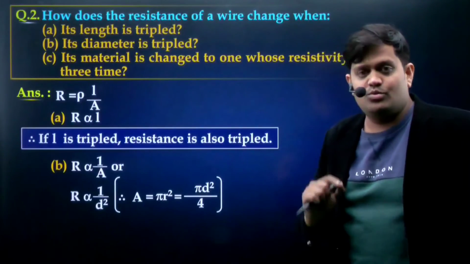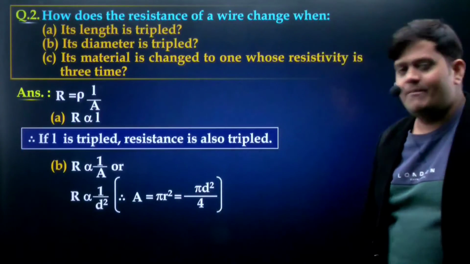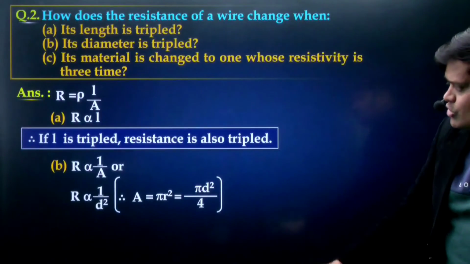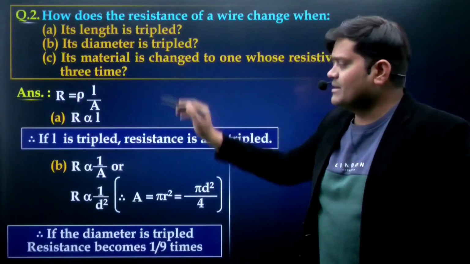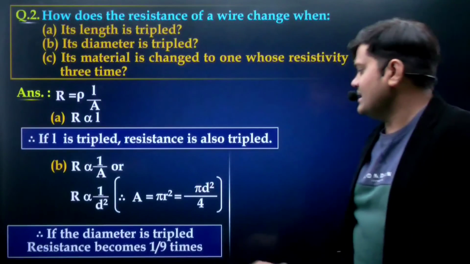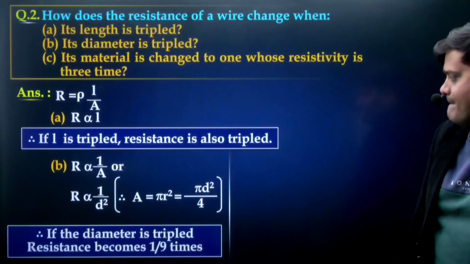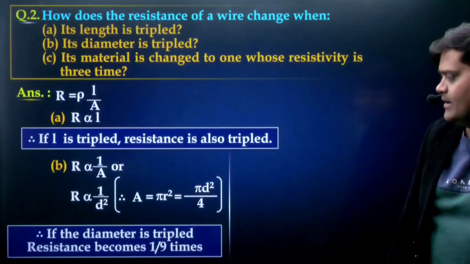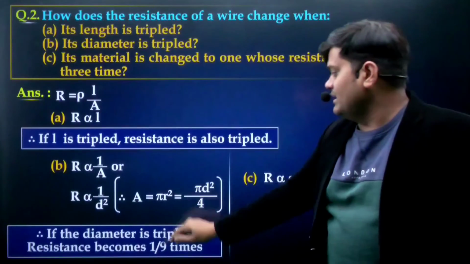So r is d by 2, and if you place r as d by 2, you find d square by 4. So by this we can say that if the diameter is tripled, the resistance becomes 1 by 9 times. Is it clear?